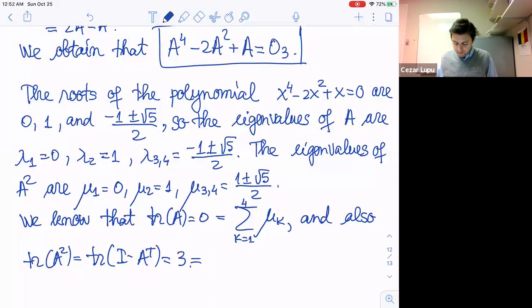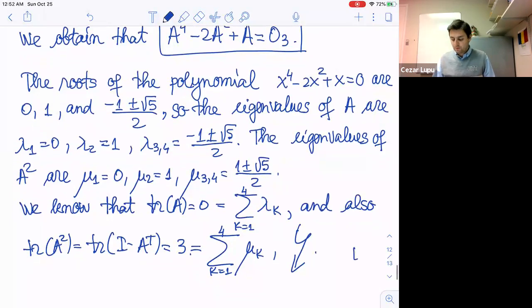But this will also be the sum of nu k, which will be 3. Oh, sorry, here it is lambda k, I'm sorry about that. So this will be a contradiction. There is no way this could work together. So contradiction. All right, so the problem ends here. There are no such matrices.